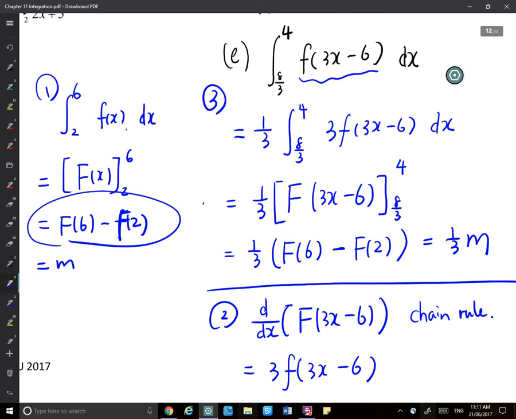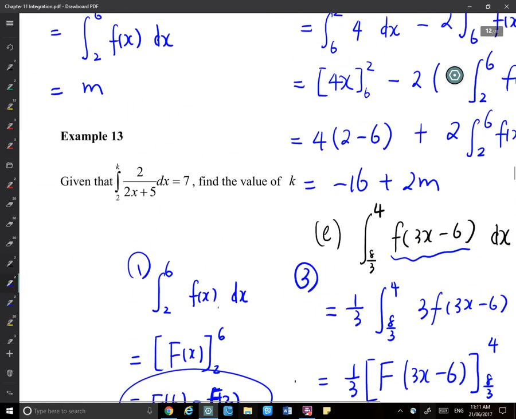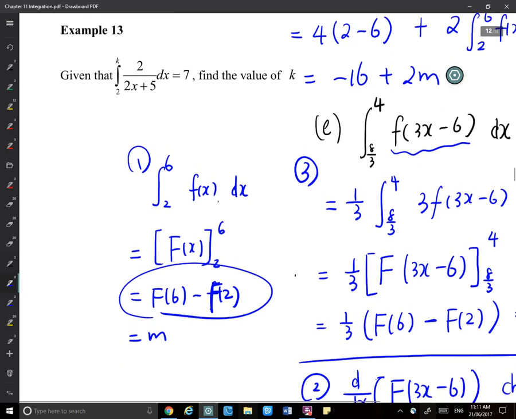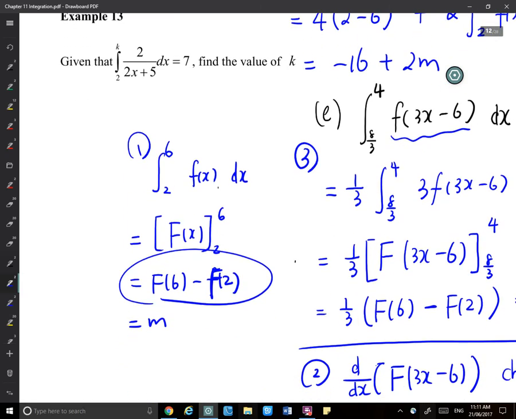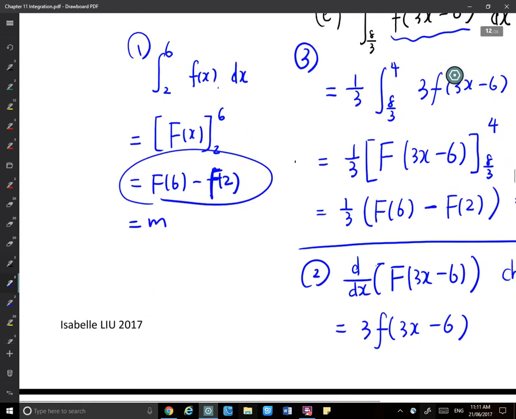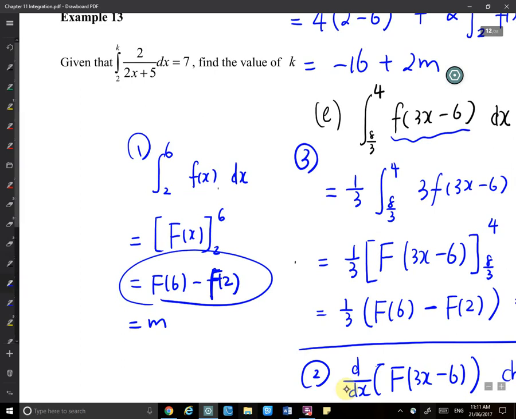Any questions about this? Okay, if no, let's come back to this one. Given that the integral from 2 to k of that equals 7, find the value of k.